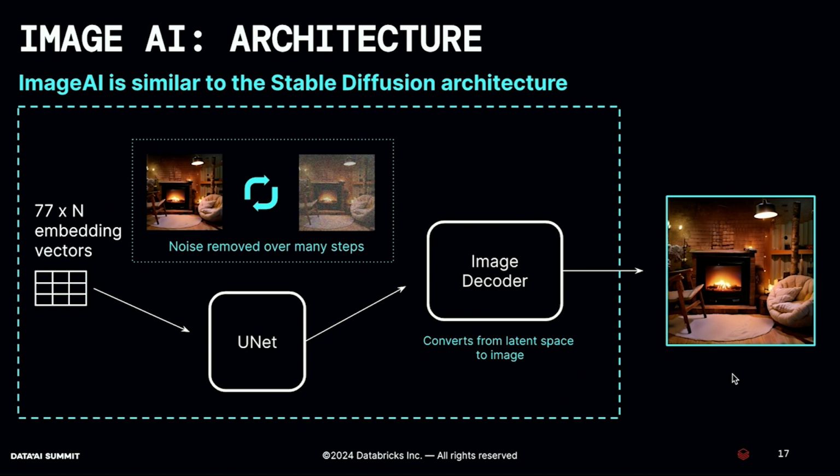And at every step, you subtract some noise, and you subtract some noise, and then eventually you get this final image. And before you get the final image, since we're working in latent space here, you need to first convert that to the actual raw image format before you can see it. So that is the overall process.